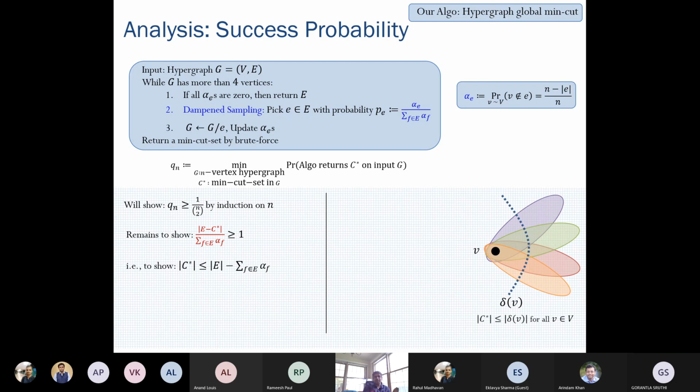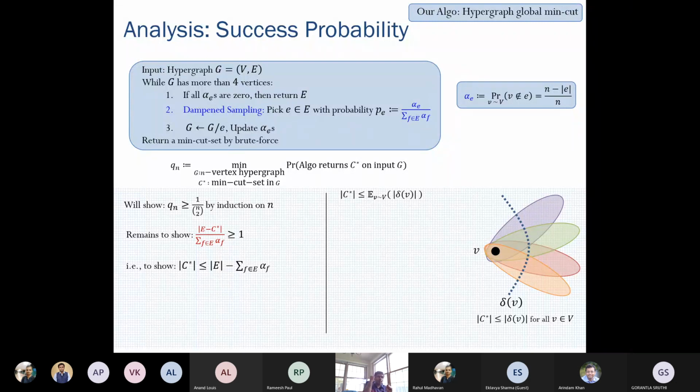So the size of C star should be at most the number of hyperedges incident to a vertex V. And this should hold true for all vertices V. Which means if I pick a uniform random vertex V and look at the number of hyperedges incident to that vertex, the expected value should be at least the size of the min cut set.